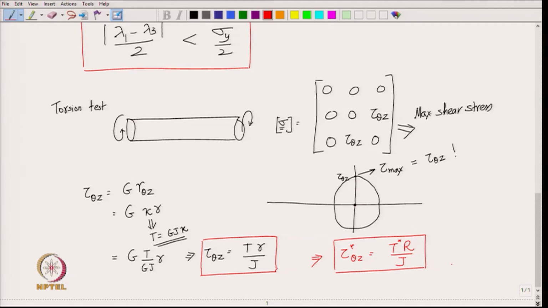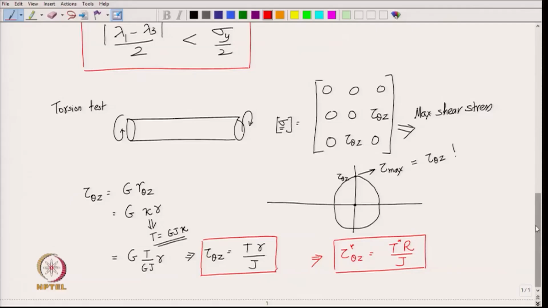And then you can think of any general loading scenario for an arbitrary body. So, at a point it will have an arbitrary state of stress, you find out what are the 3 principal stress components, and then lambda 1 minus lambda 3 by 2, that is going to give you maximum shear stress.